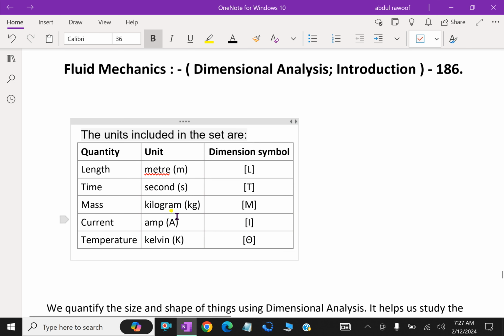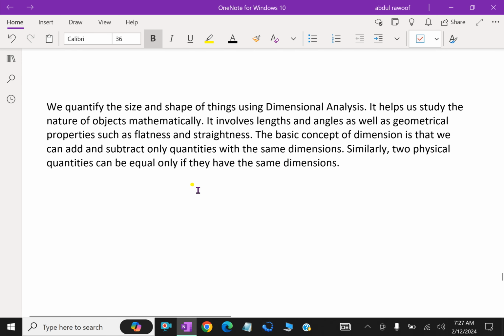In that, length, time, mass, and temperature are the basic quantities for fluid mechanics. We quantify the size and shape of things using dimensional analysis. It helps us study the nature of objects mathematically.